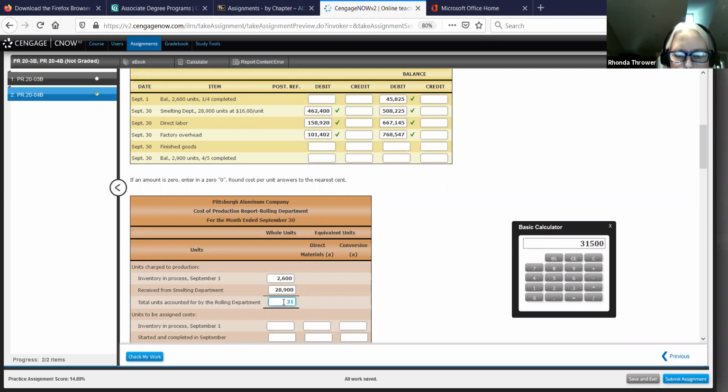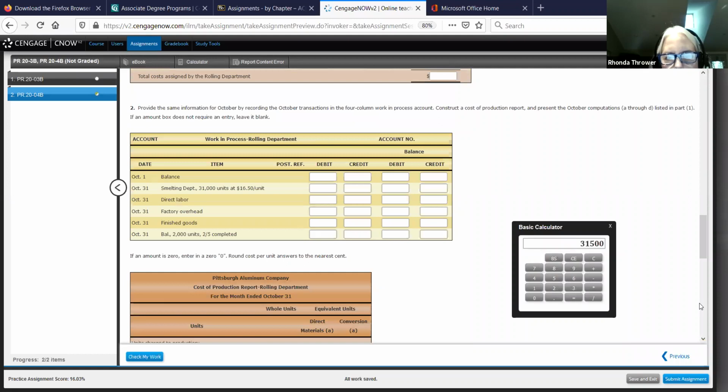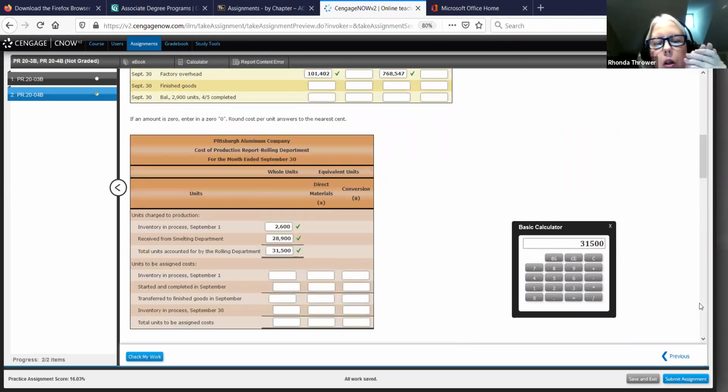And that's 31,500. And it's always a good idea to check your work. So we will make sure that our math is correct so far so we can move on. And so far, so good. All right, in the next part of the unit information on the cost of production report, we're reconciling these units.